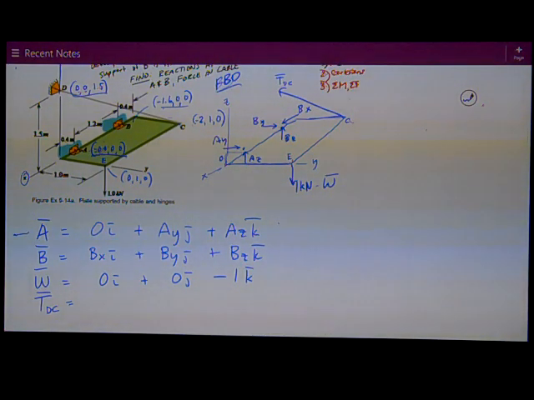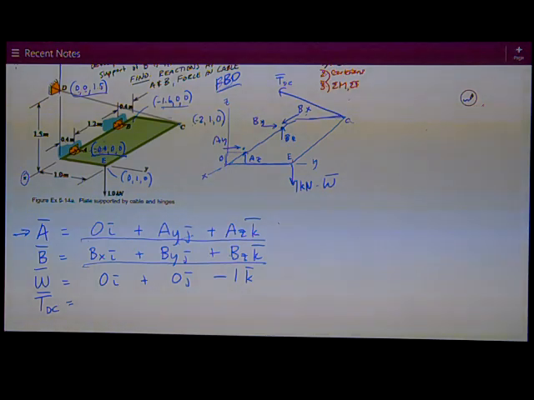Where A, the force at that hinge A, it's really one force, but we think of it as having those two components, AY and AZ. So I write it out in Cartesian form, just like this: 0 in the I, AY in the J, and AZ in the K. For B, it's the same way, except I also have a BX, so I have a BX in this column, BY and BZ.